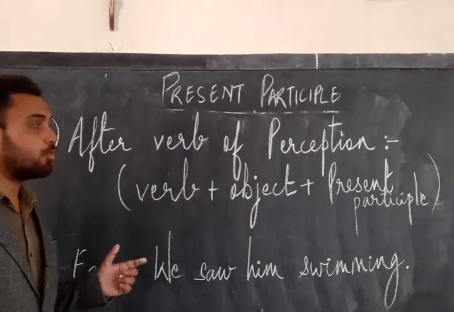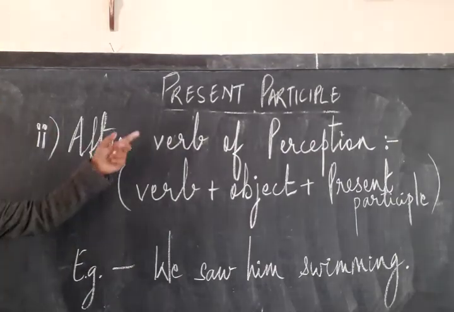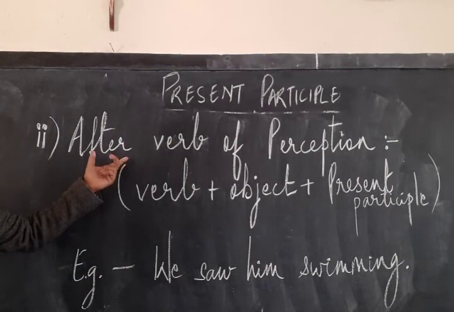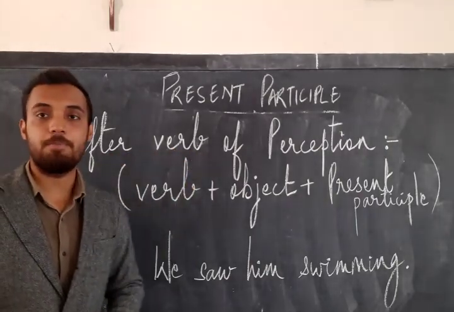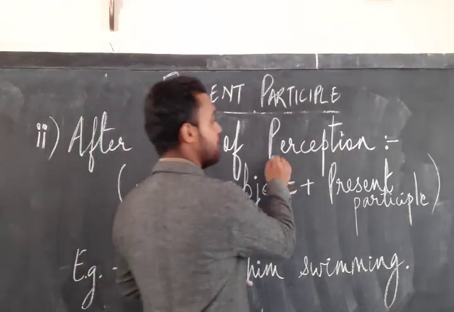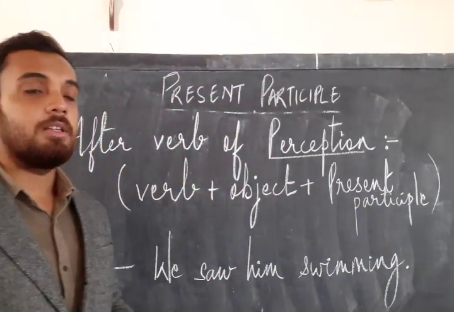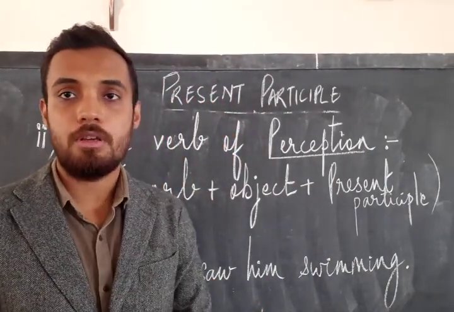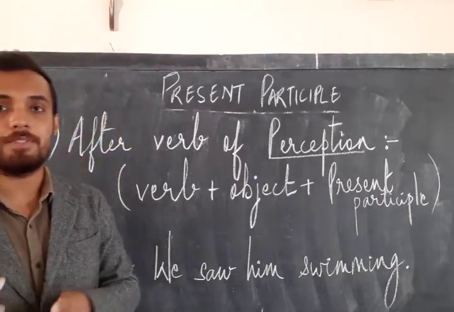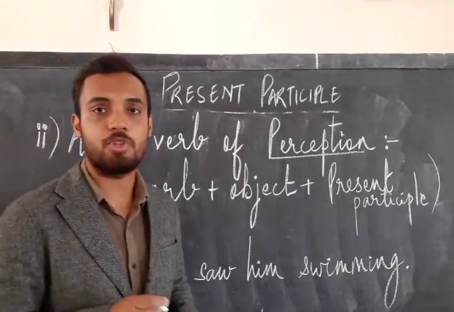Now the third rule: we use the present participle after a verb of perception. First understand the meaning of perception. The ability to see, hear, or observe something is known as perception.